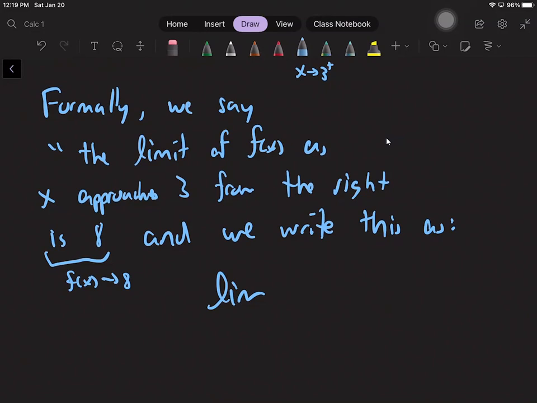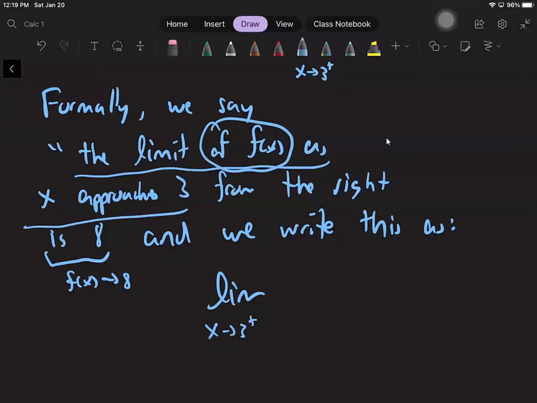We write this as limit as x goes to 3 with a little arrow. The plus, that's just saying all of this stuff. But of f of x, that's what goes here, whatever you're taking the limit of. You should think of the limit as something you apply to a function. You take the limit of the function as x approaches a number.